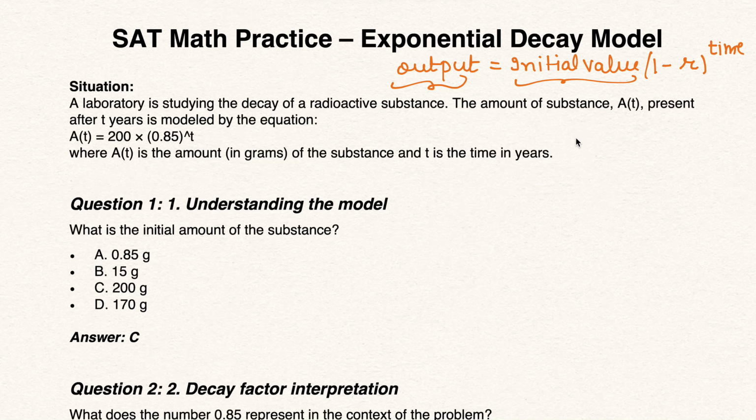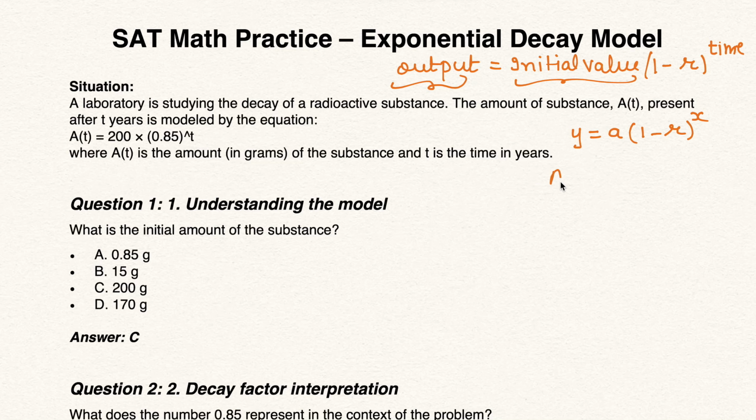So it is like y is equal to a times (1 minus r) raised to the power t, or if we are doing it in y and x terms, let's say it's x.